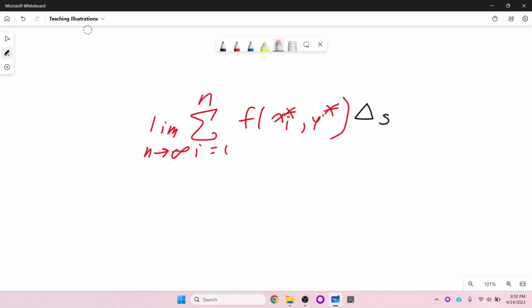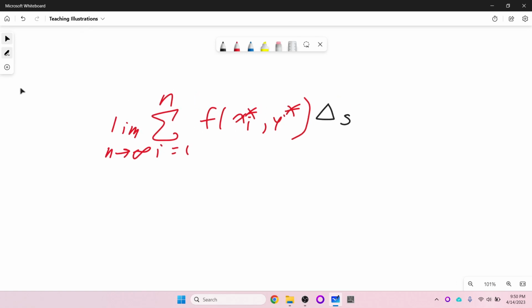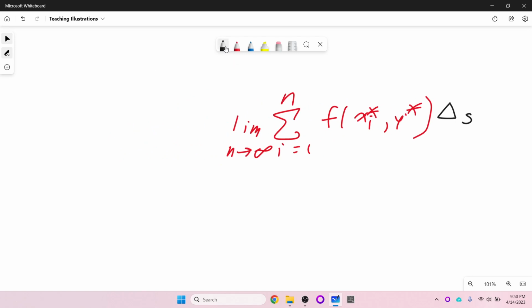You want to write out a sum of a bunch of different rectangles, or anything you can sum, but usually I like to think of it as a rectangle. And then you want to take the limit as the number of them goes to infinity. That will equal the integral of f of x, y ds along a curve C.